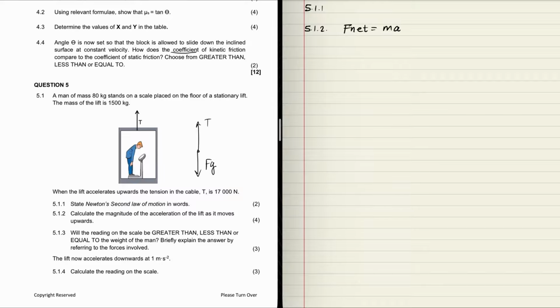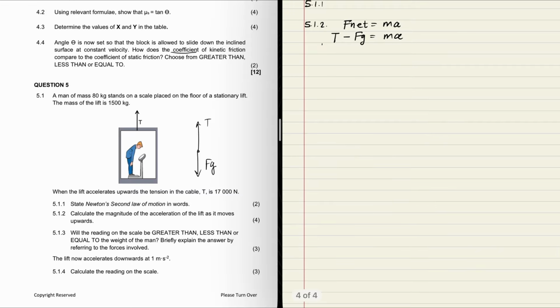Now, since it's moving upward, it makes sense to choose up as positive. So we'll say that tension minus Fg is equal to ma. Now, we are asked about the acceleration of the lift, so we need to take the whole thing into account. So the whole system.